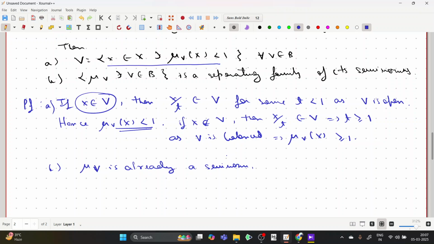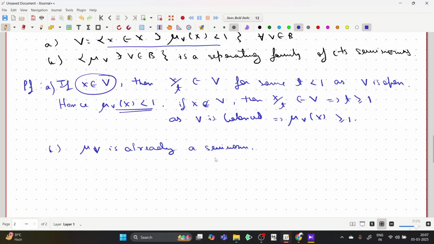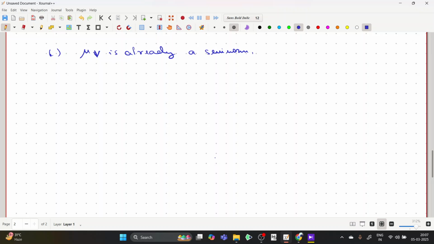It is an element of the local base, so it's absorbing by the topological property of local bases, and the convexity and balancedness are given by hypothesis. So it is essentially a seminorm, that's quite obvious. What we need to show is that it's continuous, but continuity is again very easy to observe because of the properties of the seminorm, right?